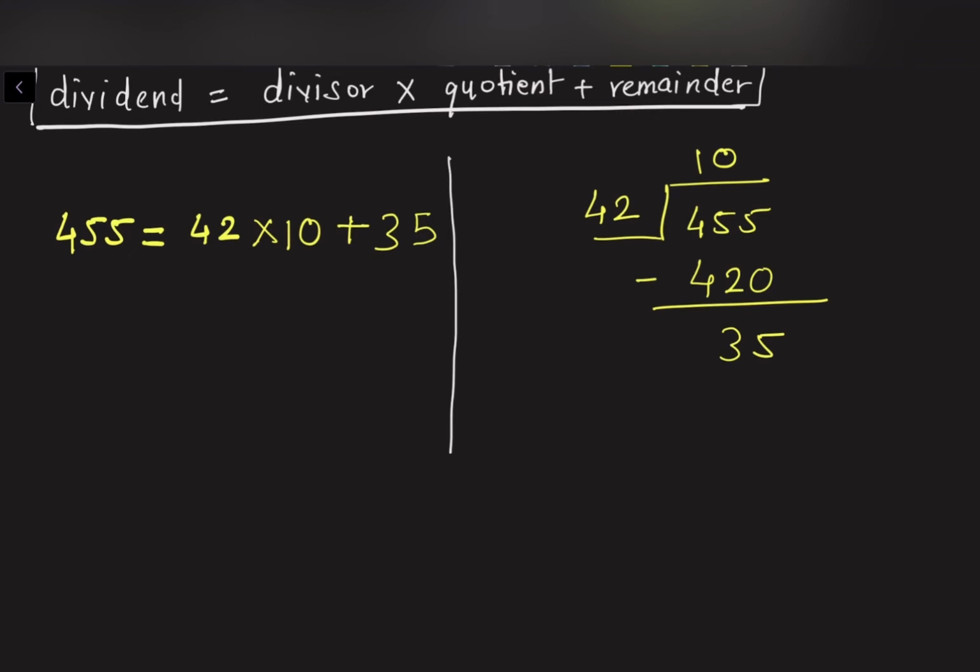Your remainder is 35, so it will become the divisor now. See, 35 is going to become the divisor, in place of the divisor. And your divisor is going to become the new dividend. What is your divisor? Divisor is 42, so 42 will become the dividend.